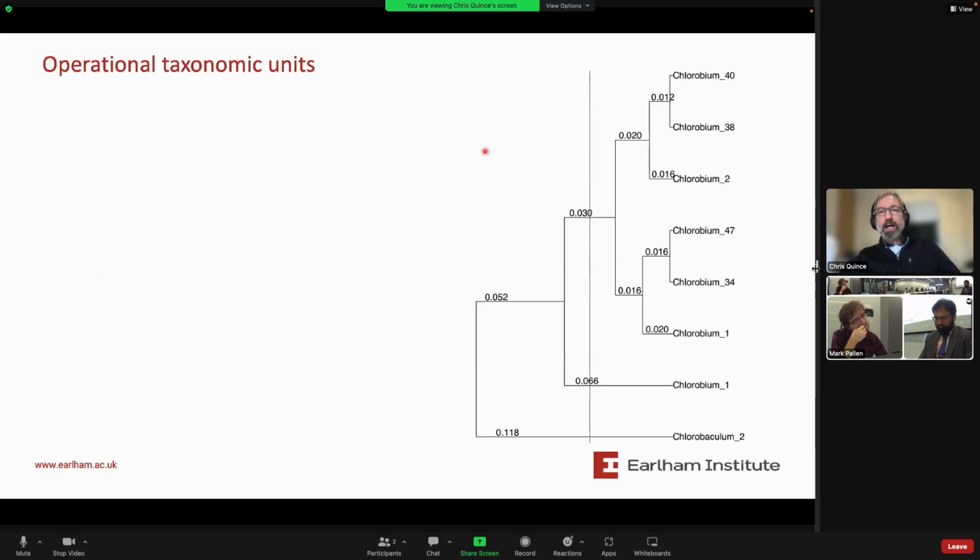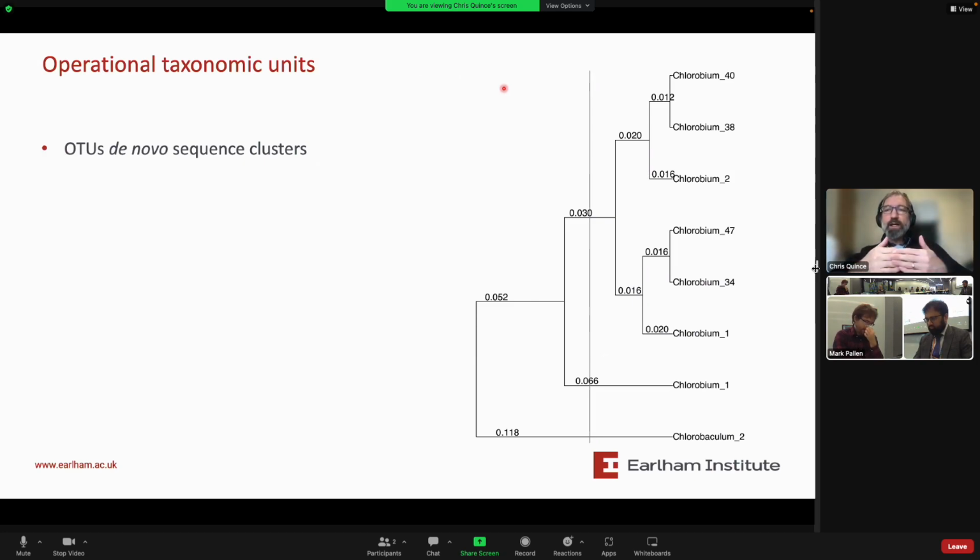Essentially, and this is also something you've probably come across in previous research, we use something called operational taxonomic units. Now, taxonomy is a classification problem. We have a set of known things and we're assigning our sequence to that. Operational taxonomic units are a clustering problem.